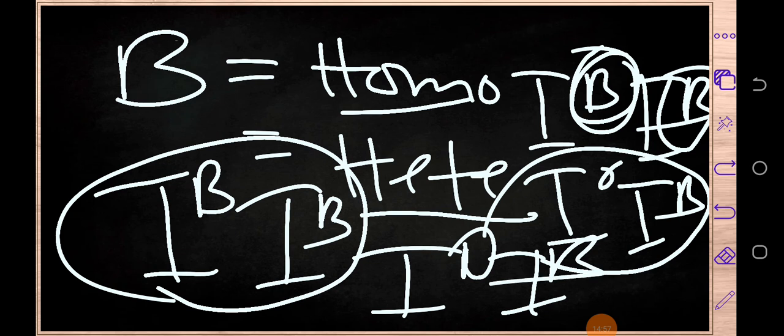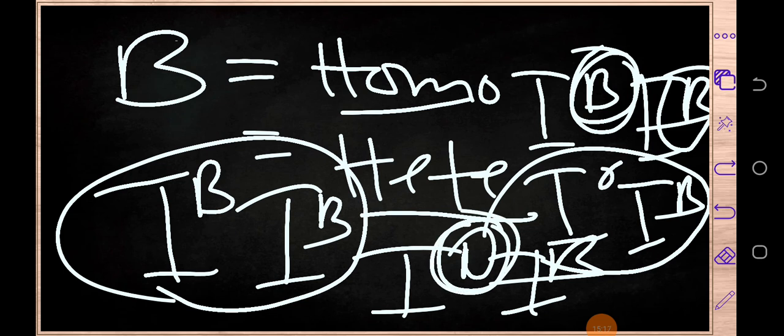What is the main reason why you have put this O? Remember what I said? I said that blood group O is a recessive blood group, and blood group A and blood group B are dominant over it.